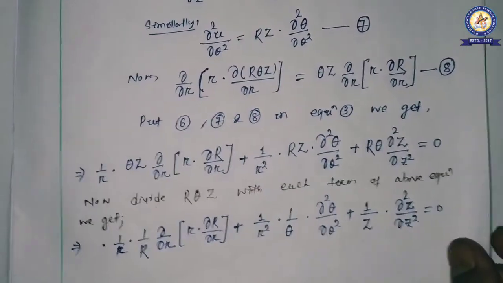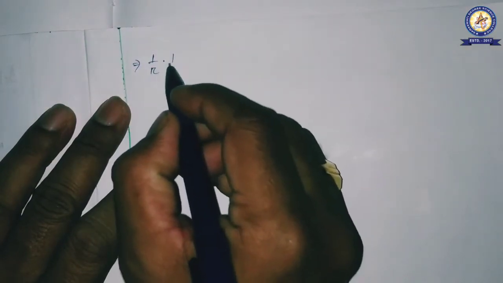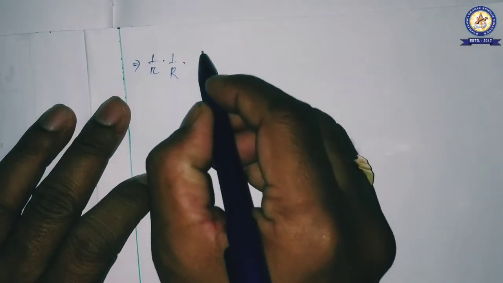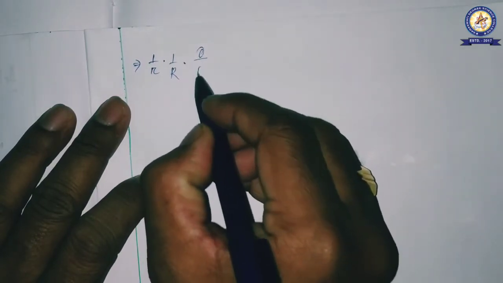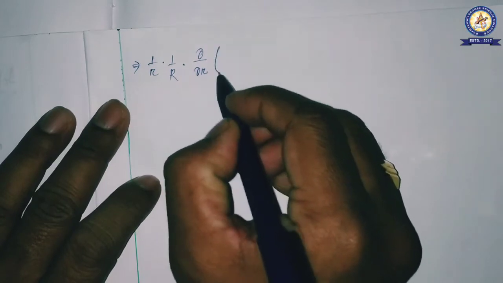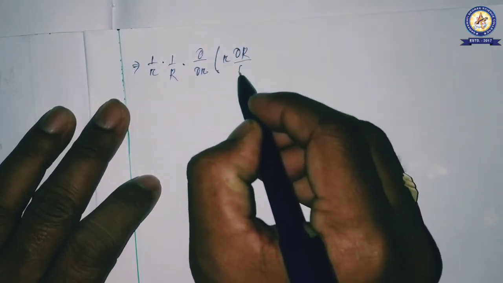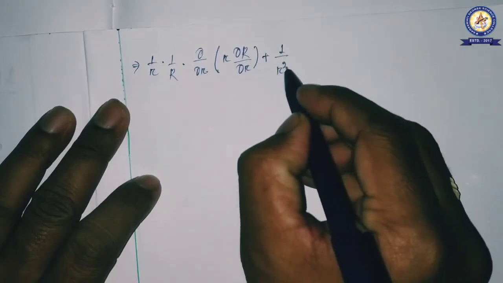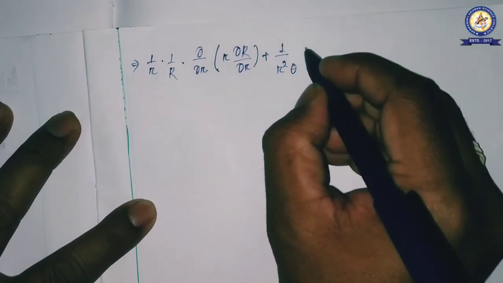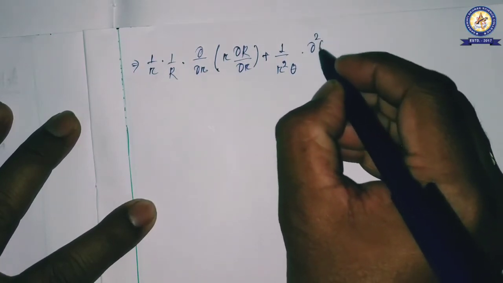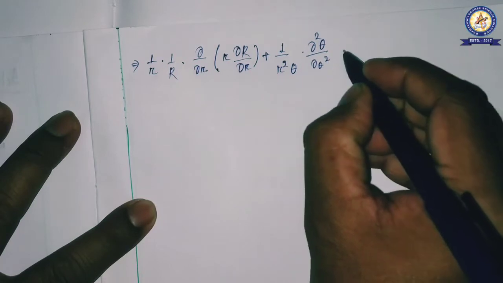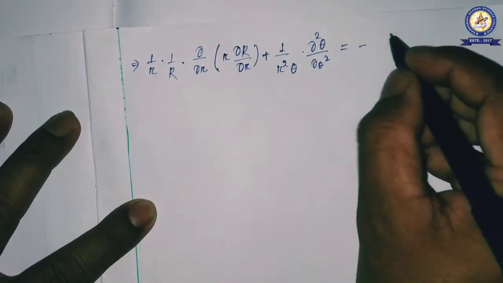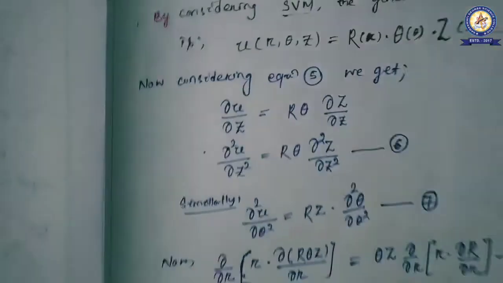So that implies 1 by small r into 1 by capital R into del by del small r of r del R by del r, plus 1 by r square capital theta into del square capital theta by del theta square is equal to minus of this one.